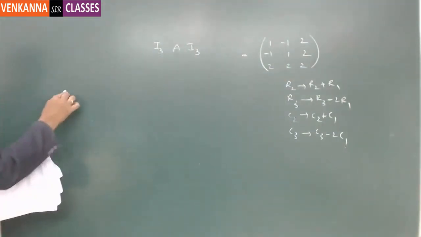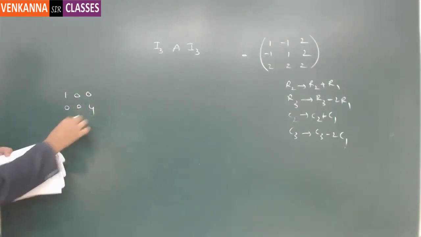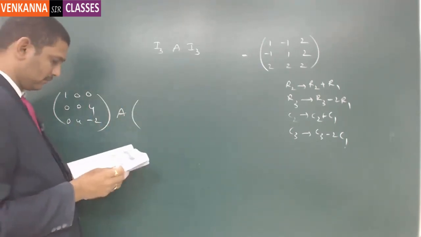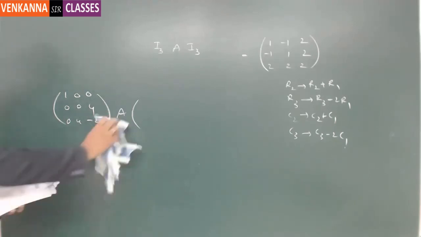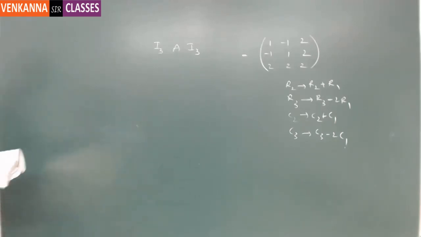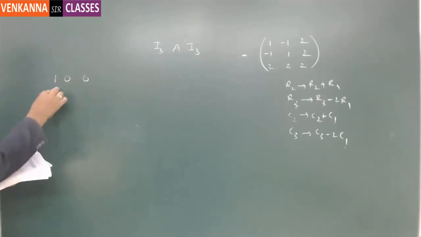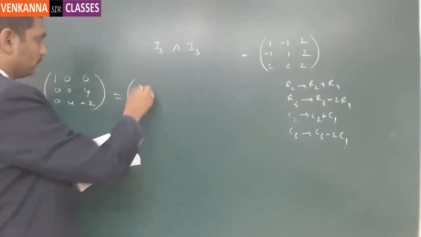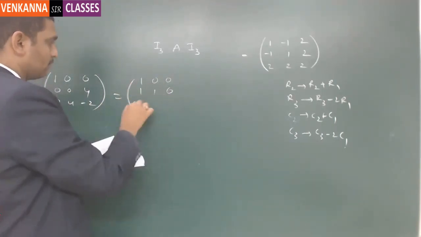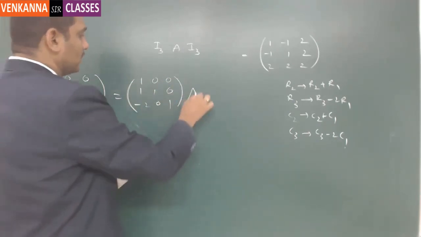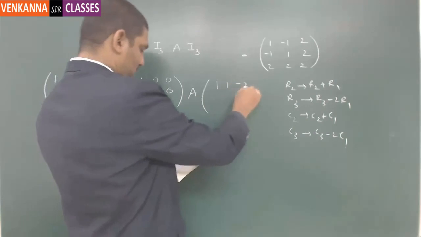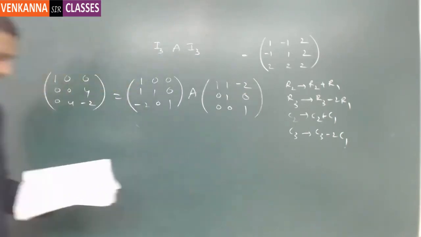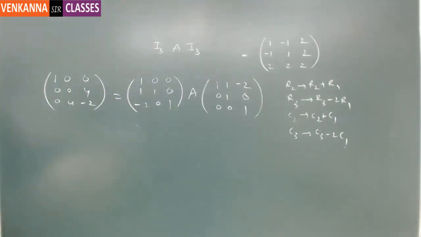You will get the thing as 1, 0, 0, 0, 0, 4, 0, 4 minus 2, A. Just hold on a moment, I will take like this: 1, 0, 0, 0, 0, 4, 0, 4 minus 2 is equal to 1, 0, 0, 1, 0 minus 2, 0, 1, A, 1, 1 minus 2, 0, 1, 0, 0, 0, 1. So let us assume that the given operations as well as the resultant values are correct.